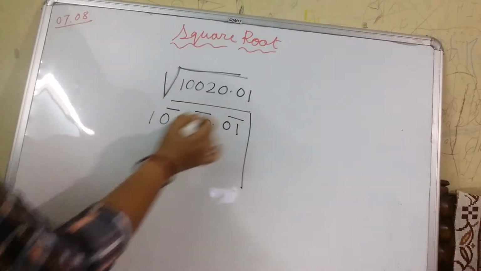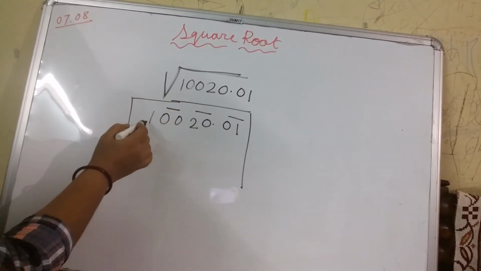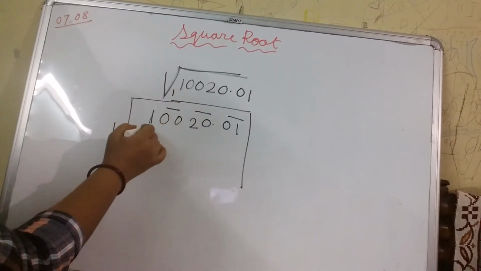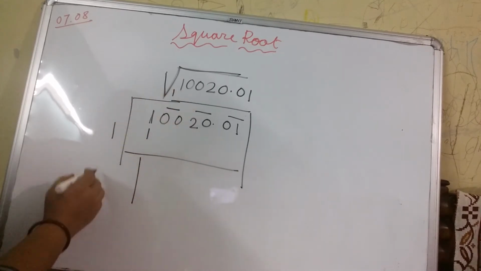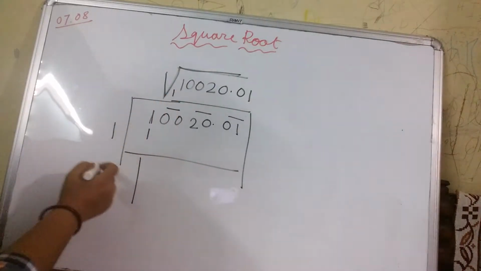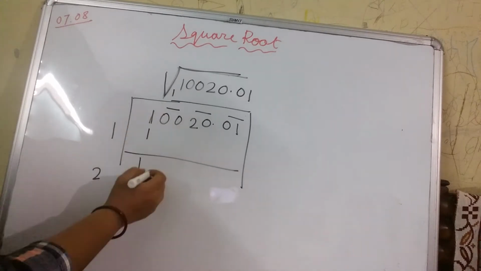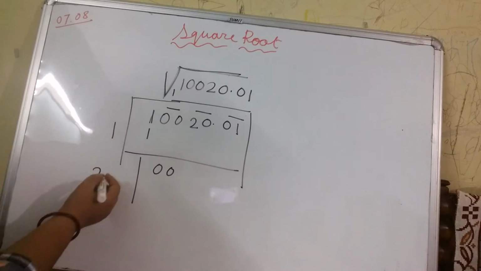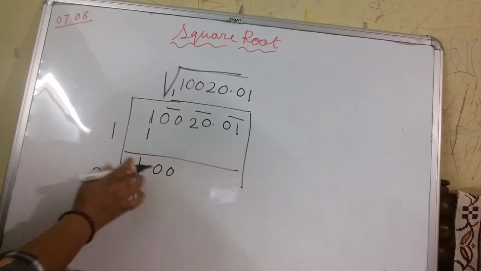Okay, now this is 1, so 1 ones are 1. Next step is you have to multiply it by 2 and 00 will come down. So you have to put a number so that it becomes 0.